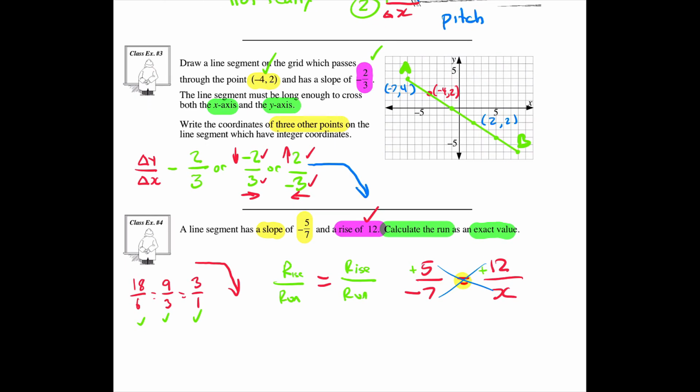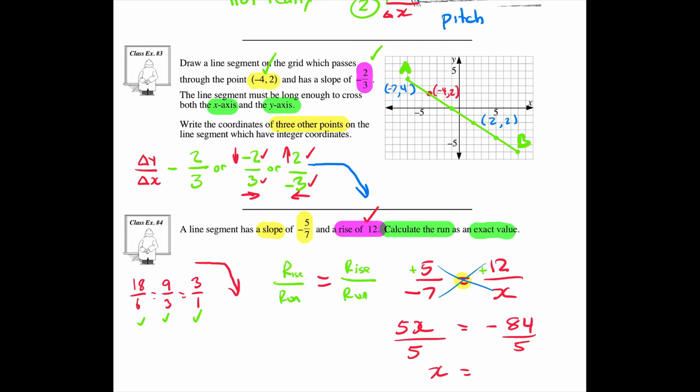So how are we going to do this? 5 times x is going to be 5x equals negative 7 times 12, which is negative 84. Now to isolate the x, we're going to divide it by 5, leaving us with the value of 1x equals, and divide the right side by 5, and we've got negative 84 over 5.